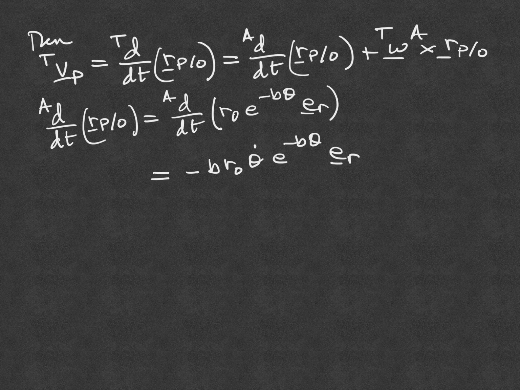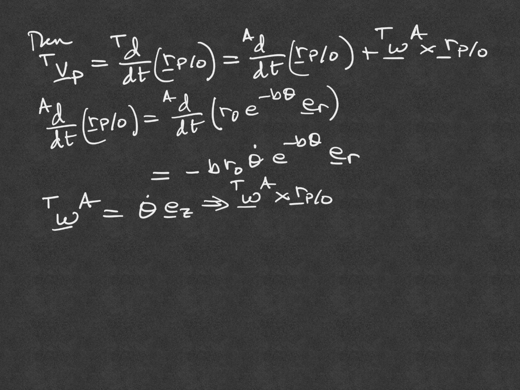The next thing is, we know that the angular velocity of A in t is equal to theta dot ez, which implies that omega at crossed with the position of p relative to O is equal to theta dot ez crossed with r0 e to the minus b theta times er.